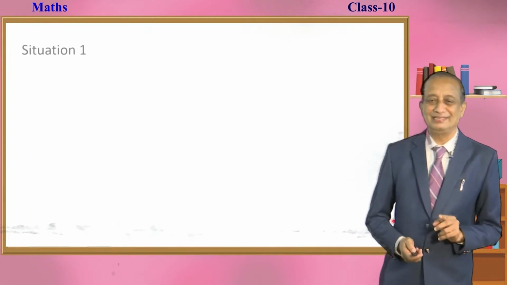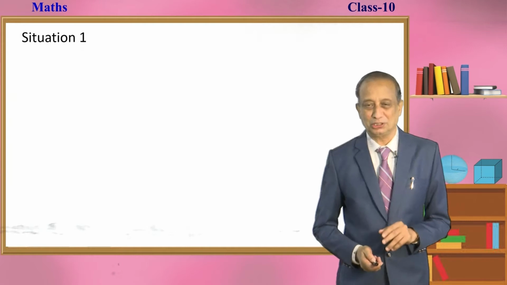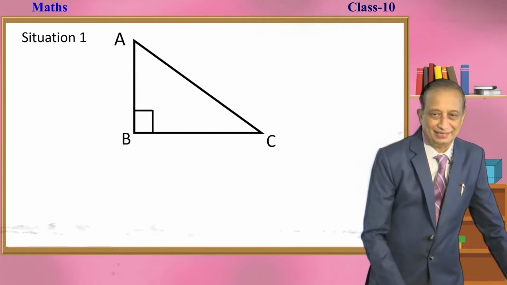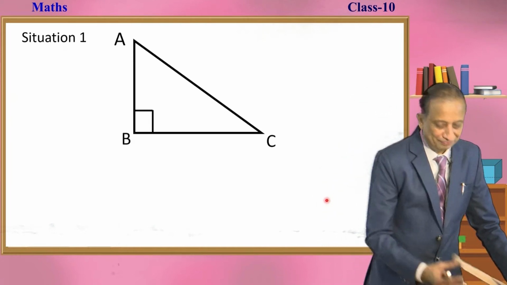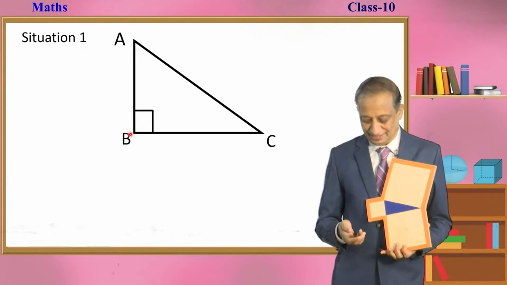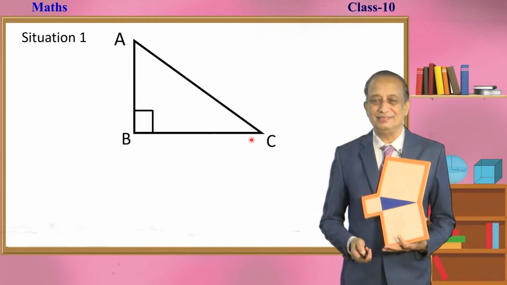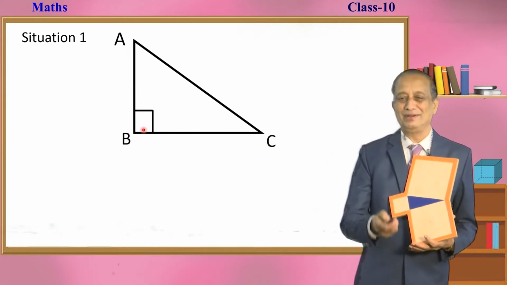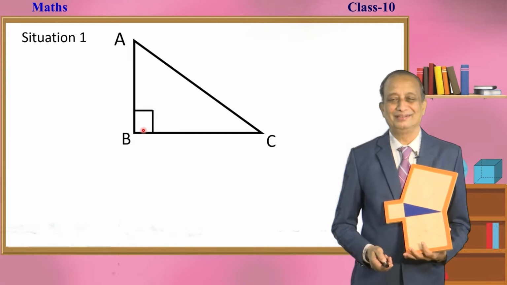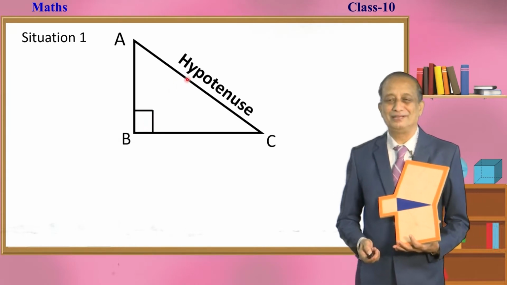The first one is this, children. Look at this situation number 1. Here is a right angled triangle ABC, in which angle ABC is equal to 90. The moment you see this, I think you will recall one important property.